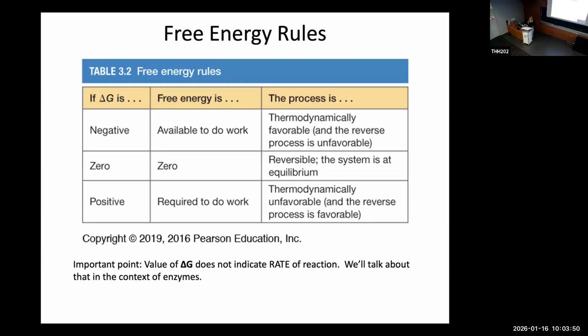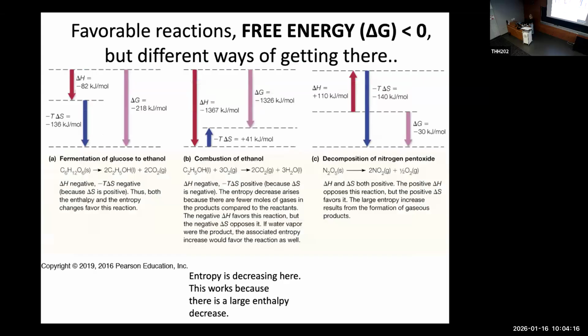You can have something that's very negative, and it doesn't mean the reaction is fast. That is usually controlled by the enzyme: how fast is the enzyme catalyzing that reaction? That really controls the rate. So you can have a delta G that is quite small in the forward direction, but the enzyme's really fast, so it happens very fast.